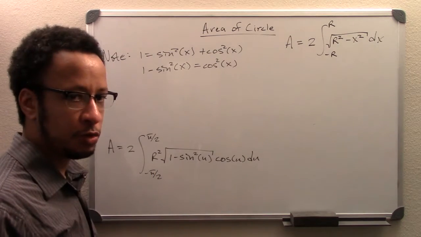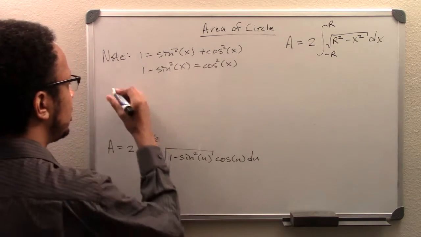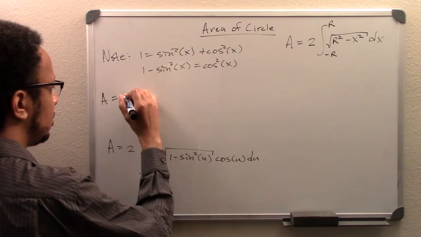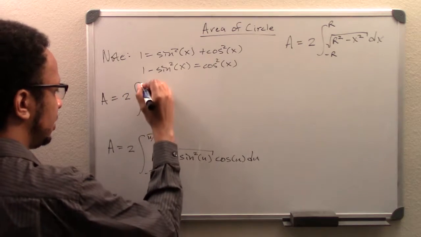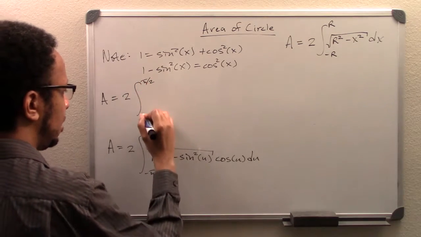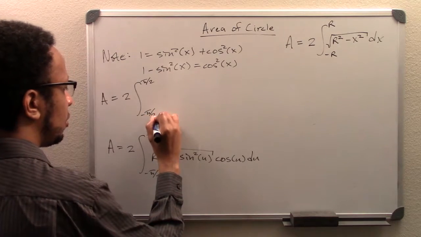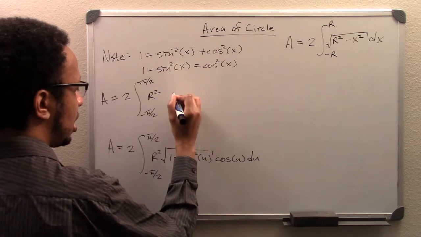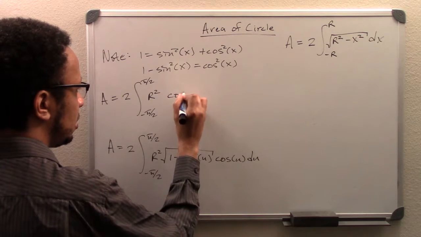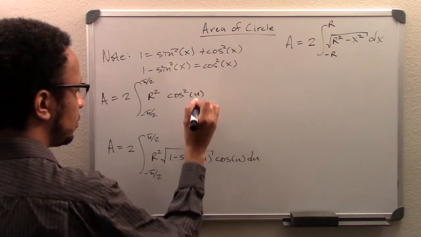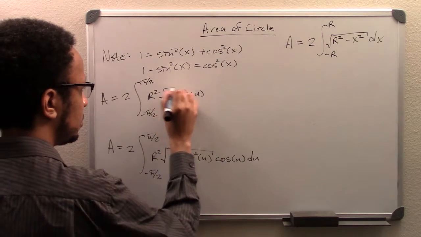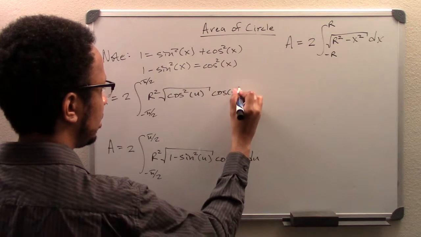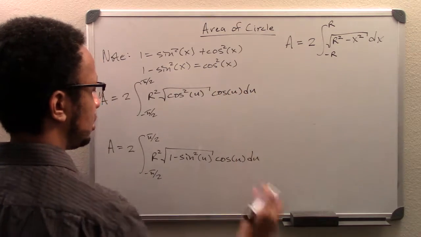That's not a substitution, that's just a relationship. So our area now is going to be equal to 2 times the integral over our upper and lower limits of r squared times the square root of cosine squared u, and we have cosine of u here and du there.